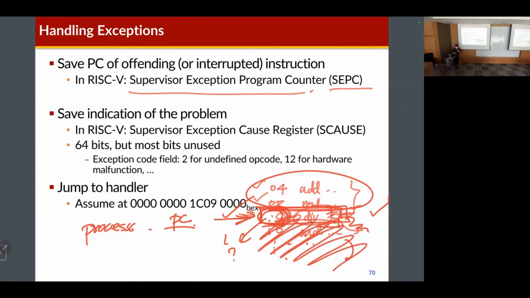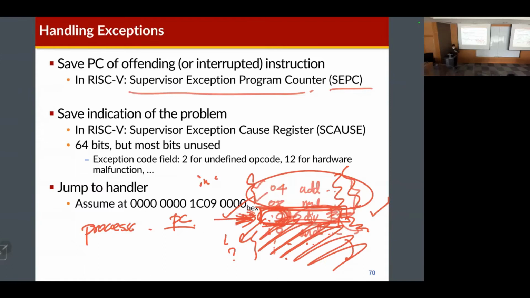Okay, so I explained that we can distinguish instructions: the instructions before the abnormal instruction, the instruction that causes the exception, and the following instructions. The processor needs to complete the execution of the earlier instructions, which means it needs to complete the write-back stages of these instructions.